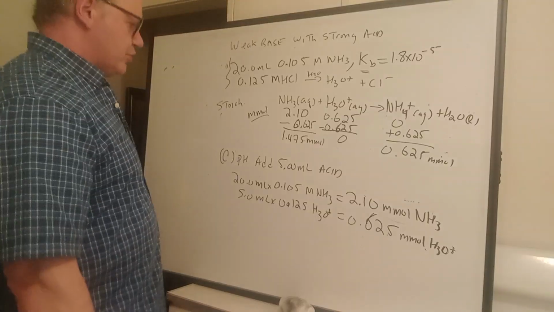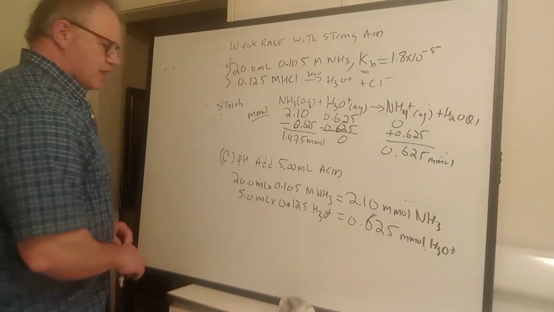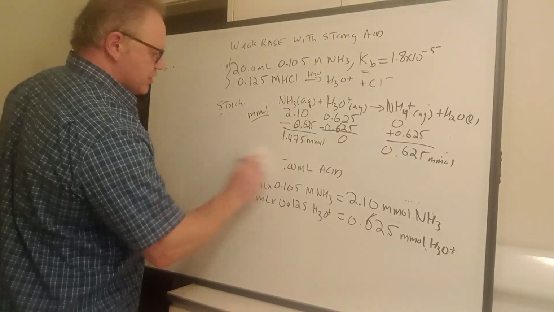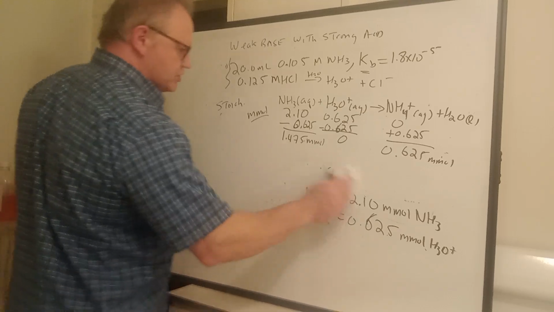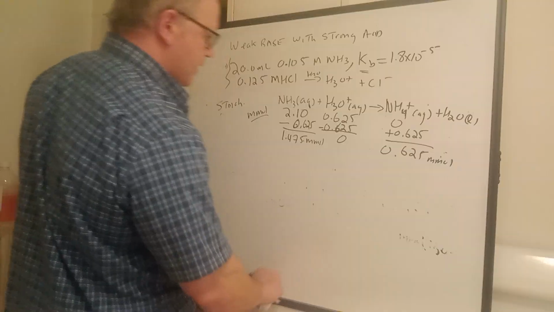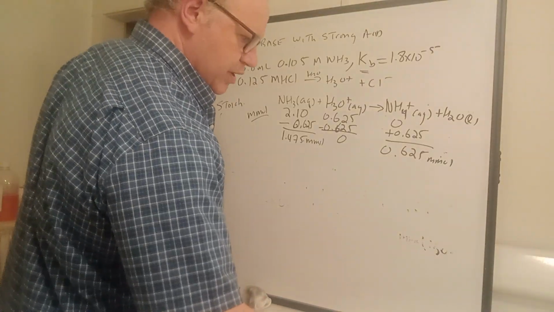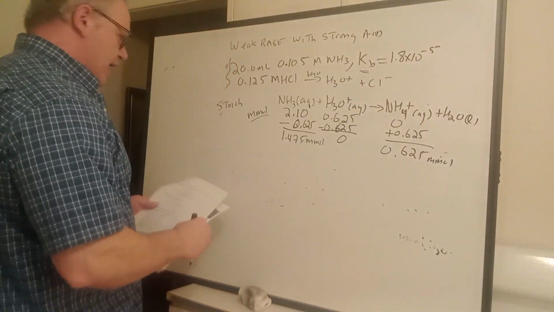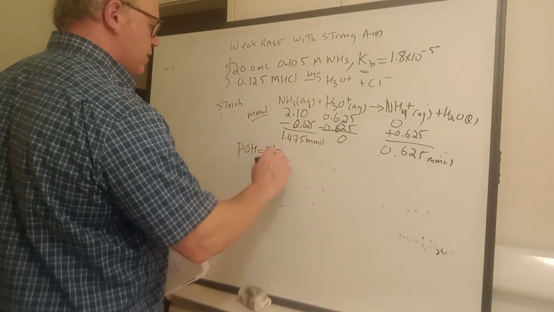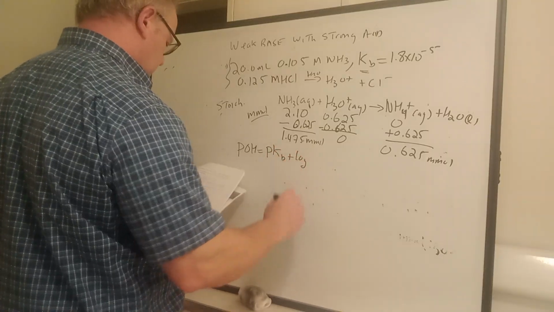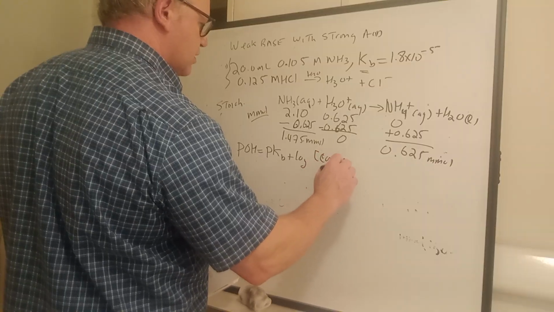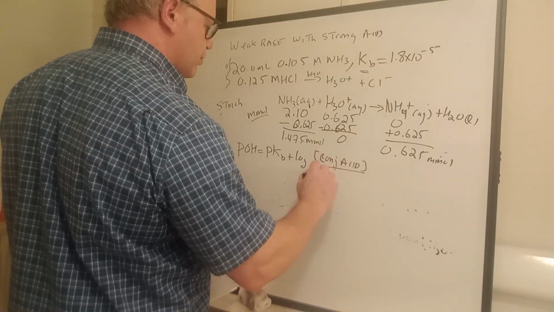So what I'm going to do is I'm going to use the Henderson-Hasselbalch. I'm going to erase this because there's a few steps I do have to do. This actually ends up being a simple problem, but there's a few steps with it. So we can set it up like, how did I do it here? So I use this formula here. pOH is equal to pKb plus the log of, I'm going to write it as, the conjugate acid over the weak base.